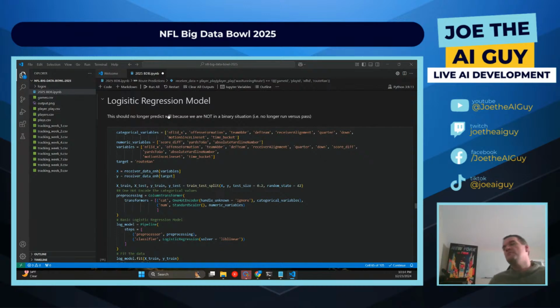So if we do the same thing but with logistic regression, it should not perform as well because we're no longer in a binary situation. It is still a classifier, you're grouping data into groups, but it shouldn't get as strong performance as what we got before. And we do see that.